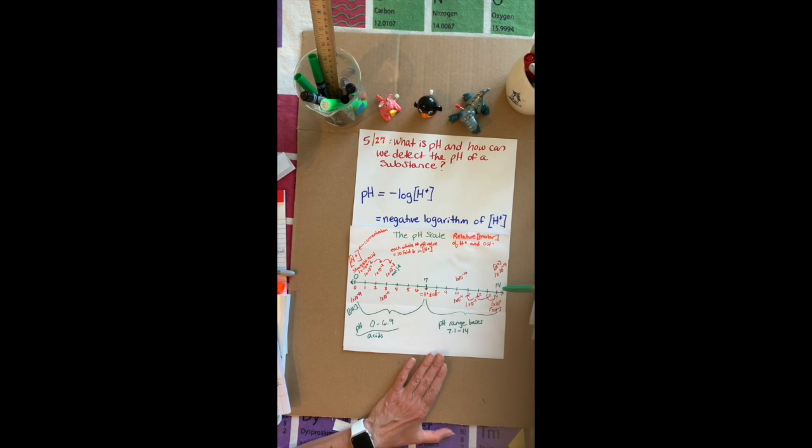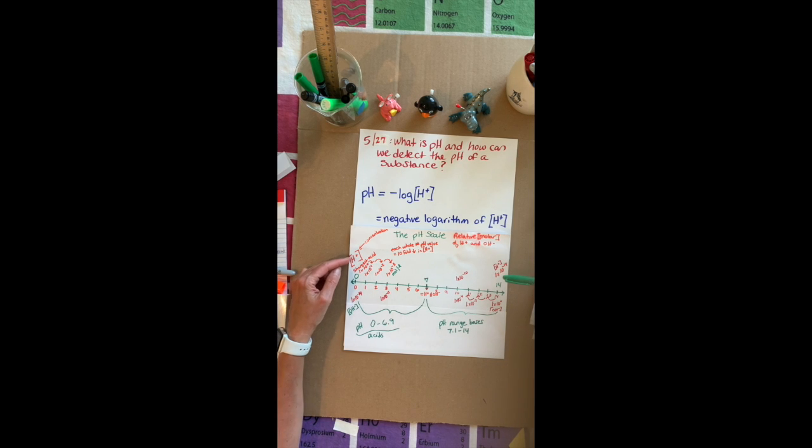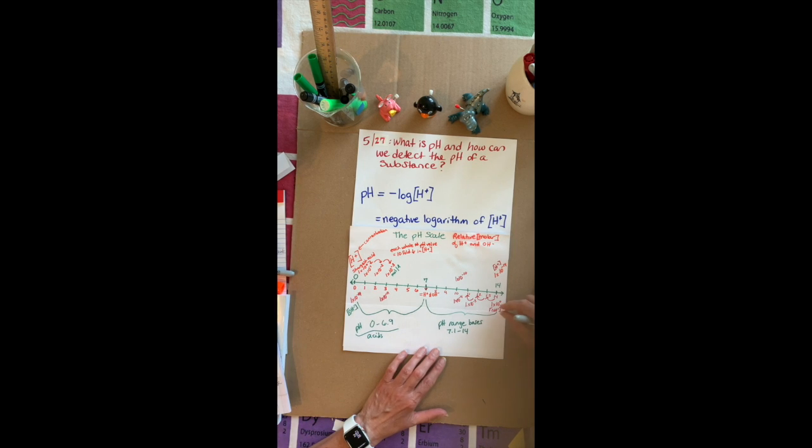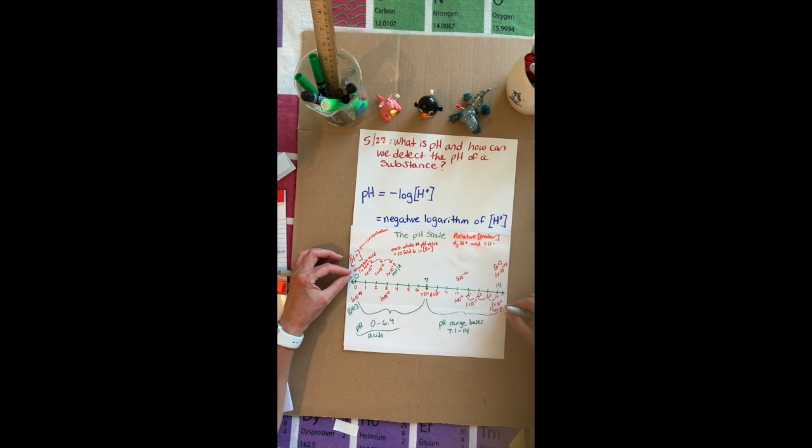So when we're looking at concentration of hydrogen and hydroxide ions, we are looking at molar concentrations. So it is moles of hydrogen ions per liter or moles of hydroxide ions per liter. The strongest acid will have 1 times 10 to the 0, or 1 molar, concentration of hydrogen ions.